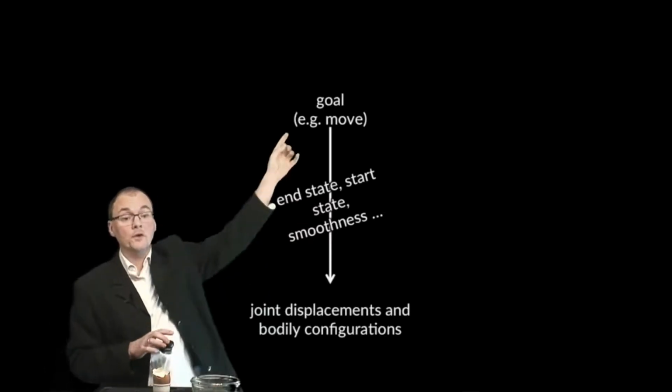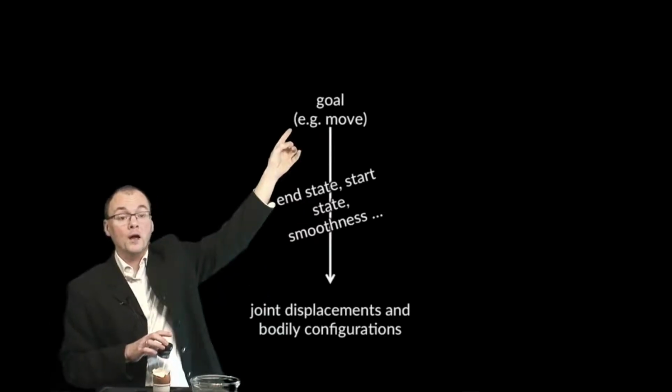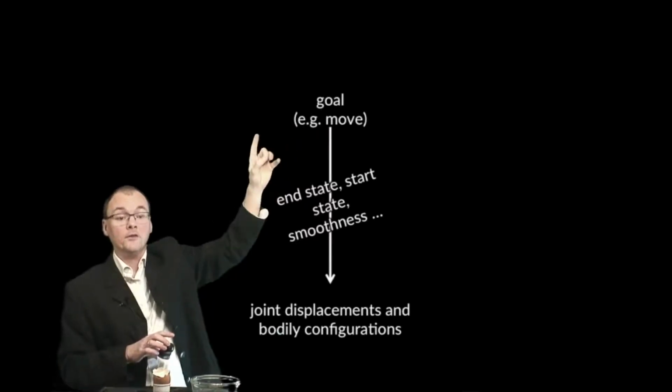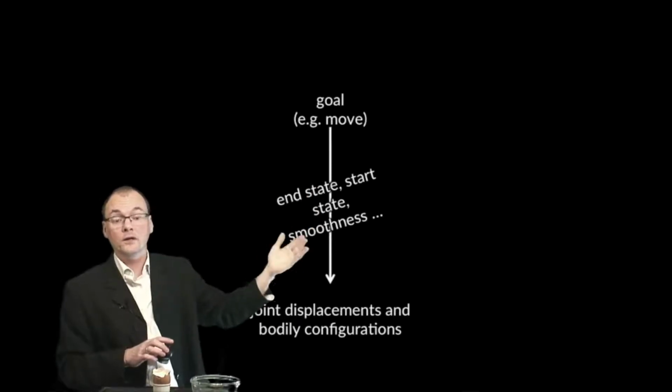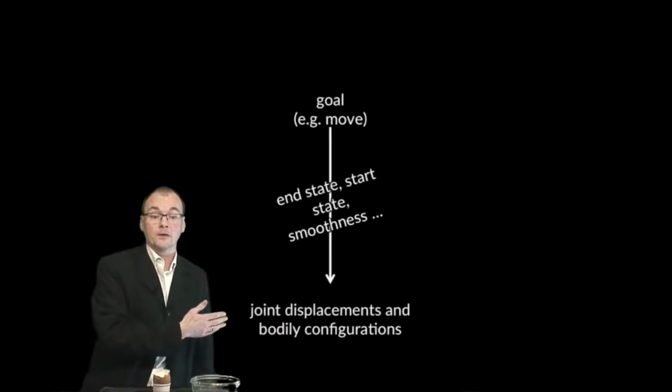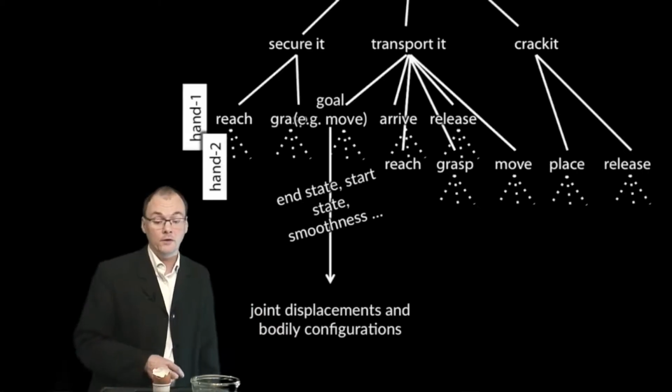So the basic picture we've got is that the outcome that we're aiming for, for example the movement of the egg, is represented motorically. That triggers a bunch of computations concerning starting state, end state, smoothness and the rest, ultimately resulting in a pattern of joint displacements and bodily configurations.